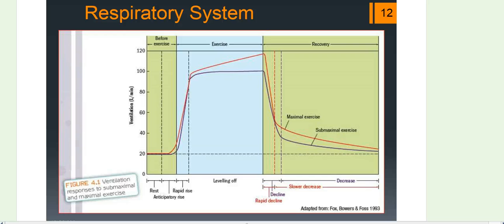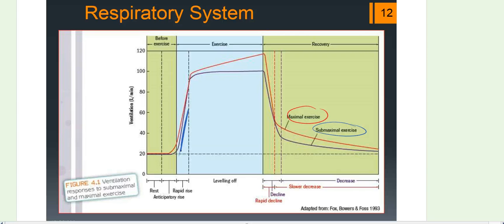Looking at this graph, we have maximal exercise in red and submaximal exercise in blue. So how does ventilation differ? With submaximal exercise, when we start to exercise, we have an initial increase. That's to meet the demands of energy production, because we can't just snap our fingers and immediately produce the required amount.